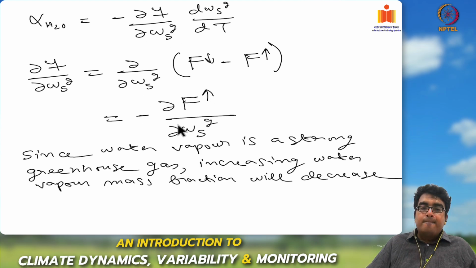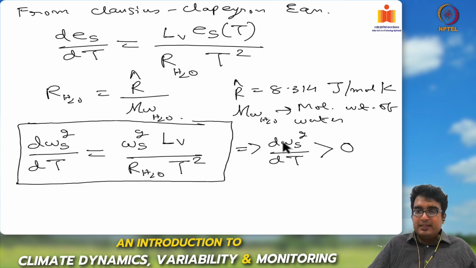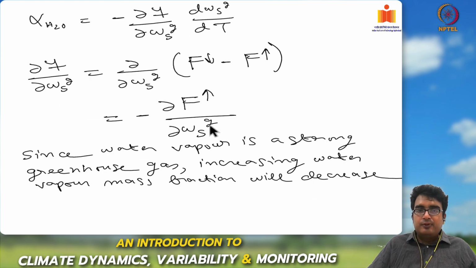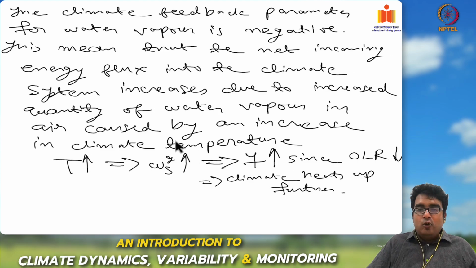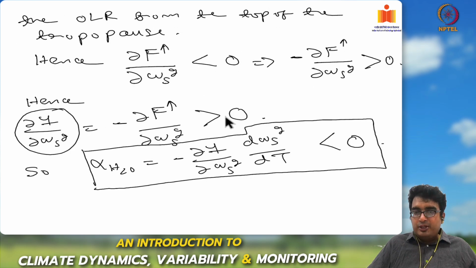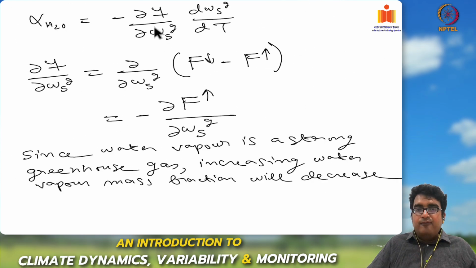So del F by del omega_sg is positive, d omega_sg dT is also positive. We have shown this here. So this term is positive. Del F by del omega_sg itself is also positive. So alpha, which is negative of del F by del omega_sg into d omega_sg dT, this is positive, this is positive, this is negative.